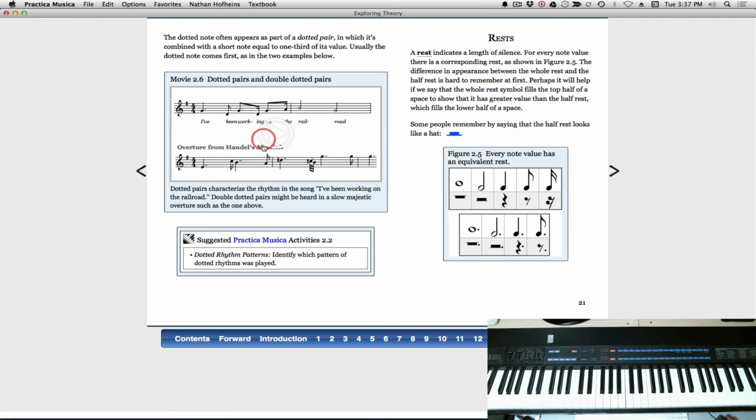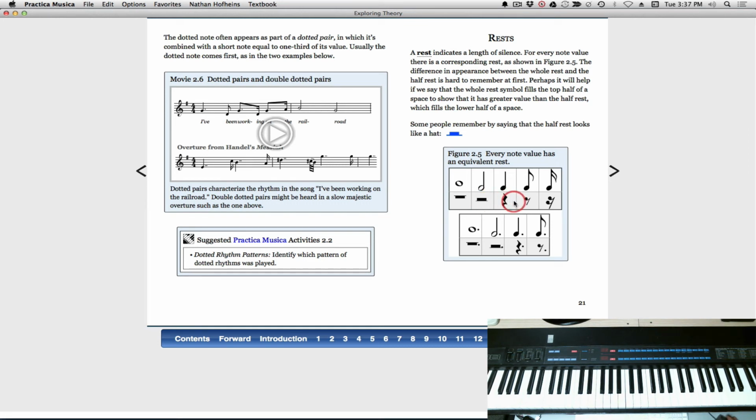And you'll get some practice in Practica Musica working with these. Now every note value has an equivalent rest. These are the rests, and these kind of look like hats, the half rests, and I'll show you how to do them in notation.